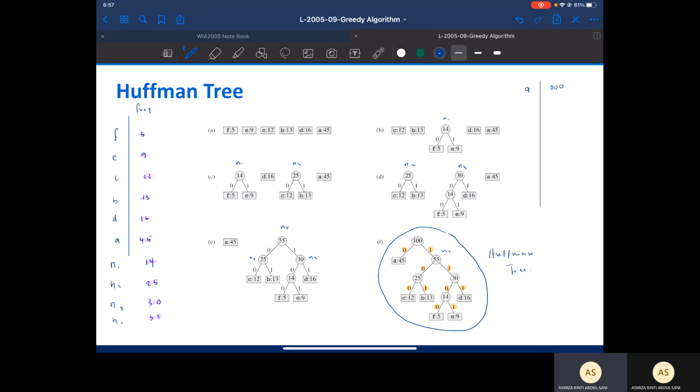And then for B, where is B? B is here. So in order to get to B would be 1, 0, 1.